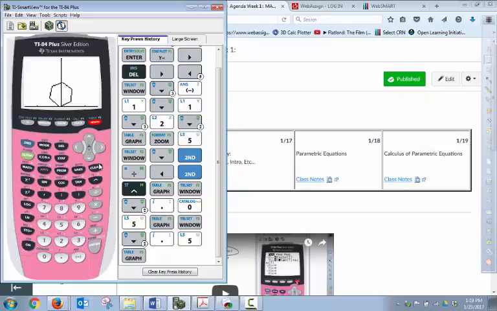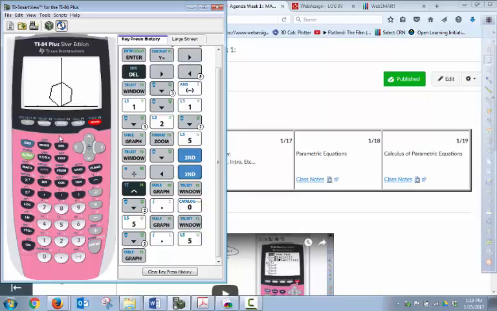So that's how the t-step, the step, works in polar and parametric equations. All right? Any questions? All right. So that's our basics of graphing.